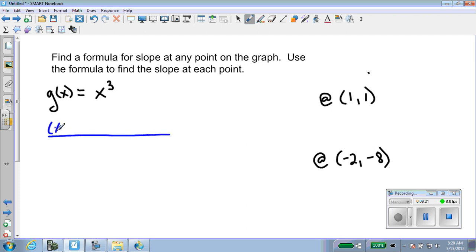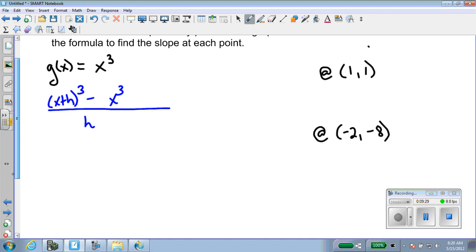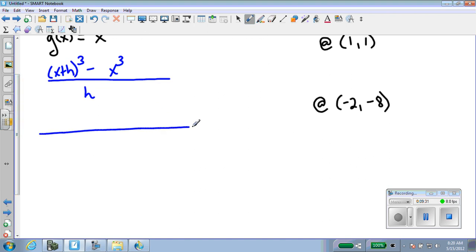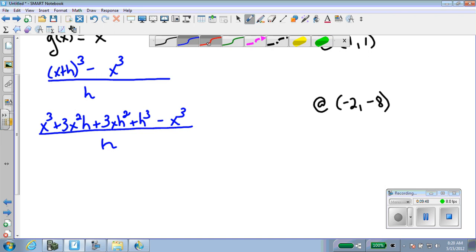So I have x plus h cubed minus x cubed over h, which is x cubed plus 3x squared h plus 3xh squared plus h cubed minus the x cubed over h.